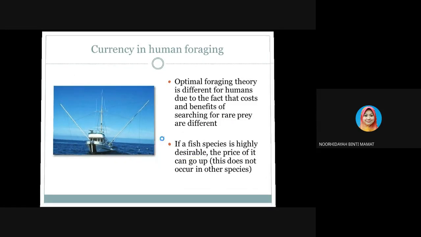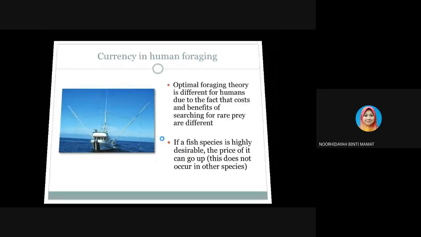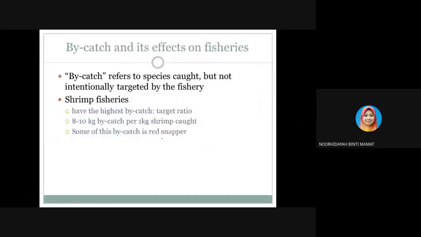So, bycatch and effects on fisheries. Bycatch refers to species caught but not intentionally targeted by the fishery. For example, in shrimp fishing, one catch has the highest bycatch to target ratio.